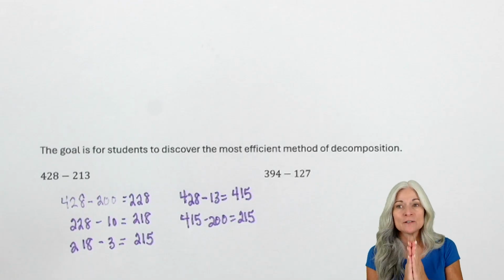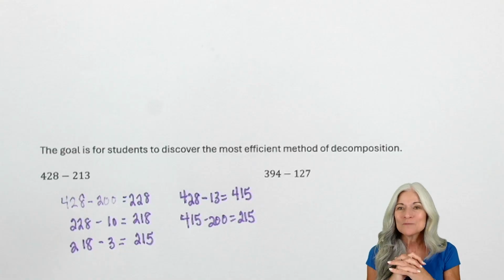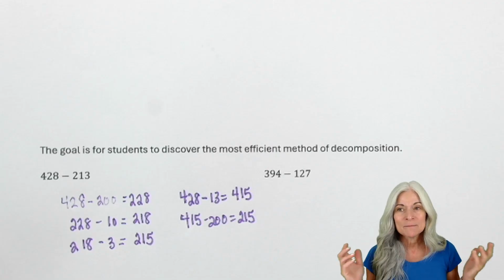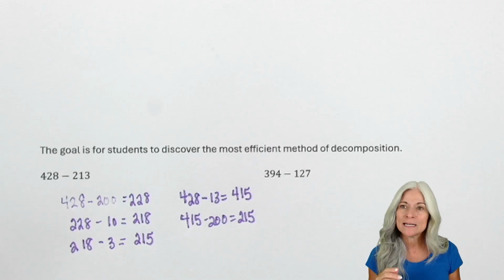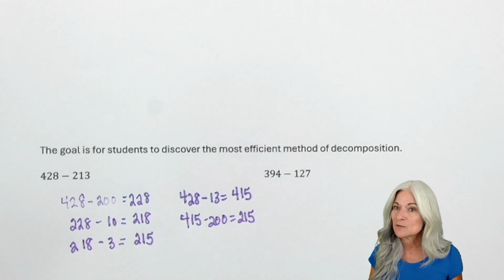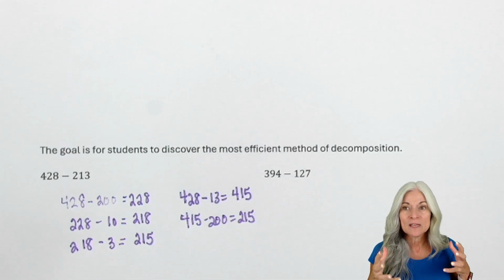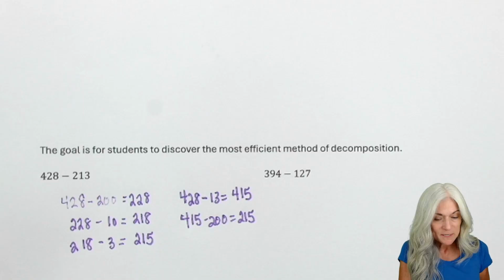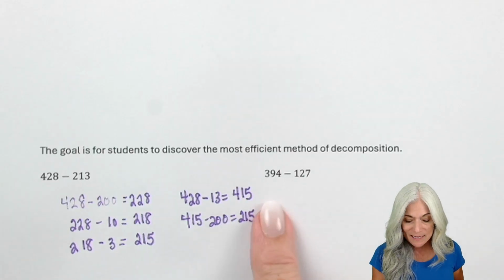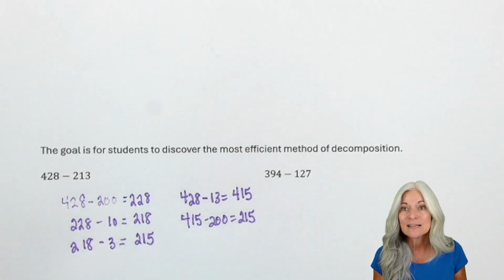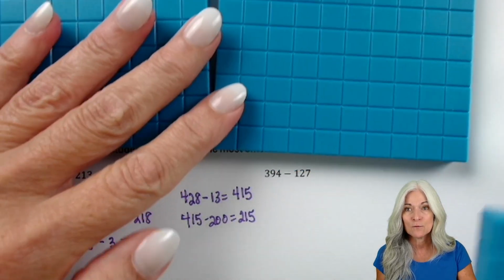Now, if your students are still struggling with this, the base 10 blocks, they are such a great tool. There's a great research-based strategy called concrete representational abstract, which says you start with the concrete, something that shows that concept, which is what base 10 blocks do. I can use my base 10 blocks and create 394.